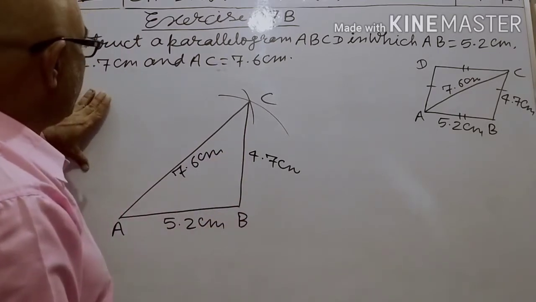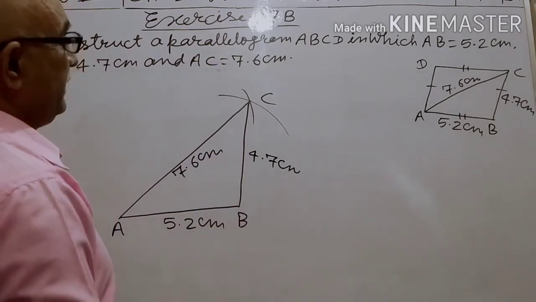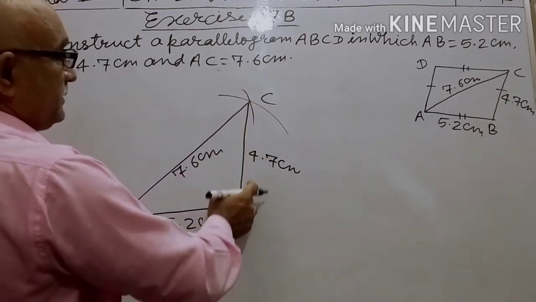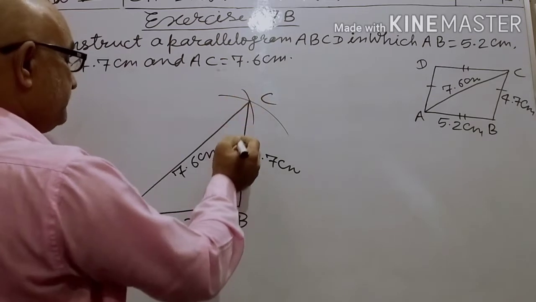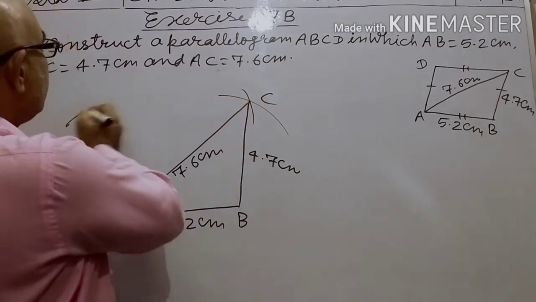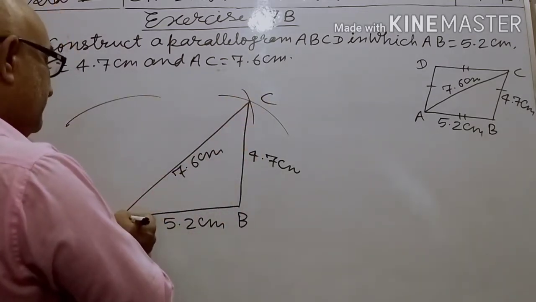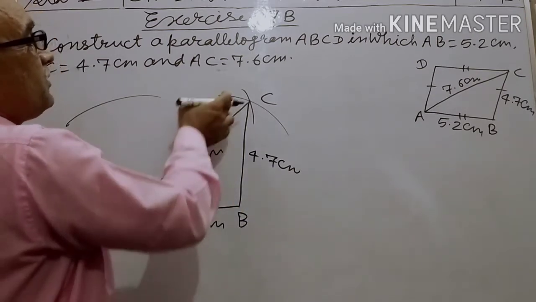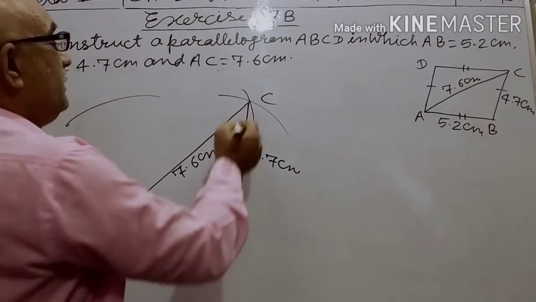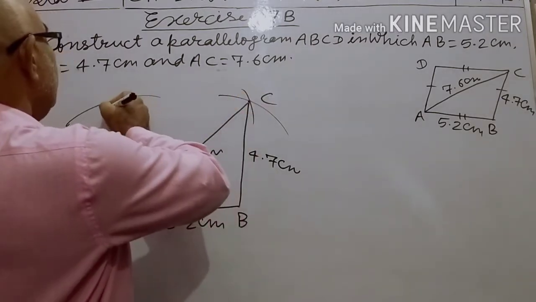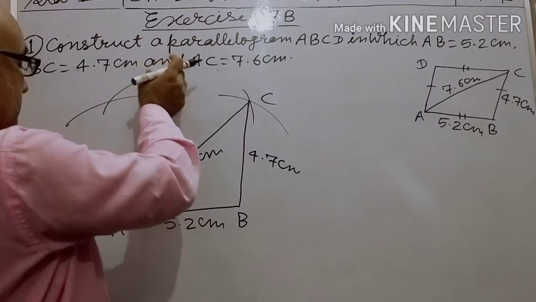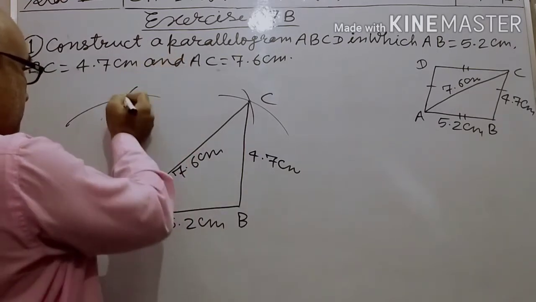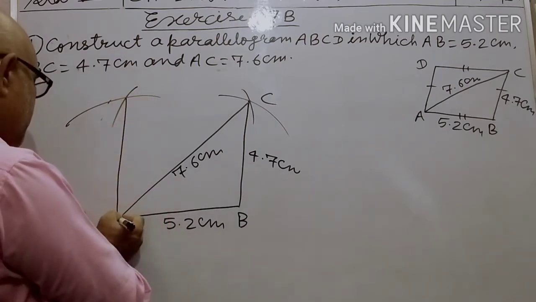Now we have to fix point D. Take an arc BC 4.7 cm and cut from A, and take AB 5.2 cm, CD also 5.2 cm, and cut from C. Midpoint.